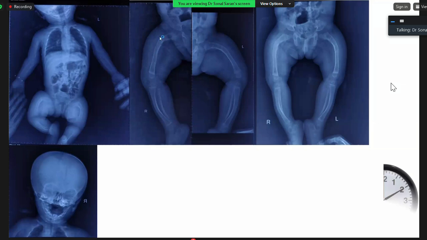You can see bowing of the long bones, and you can also see Wormian bones. There is bending, and it is because of osteopenia and multiple fractures which have healed. Some have healed, some have malunited, and they are giving a bent appearance to the bones. So this is a case of osteogenesis imperfecta.